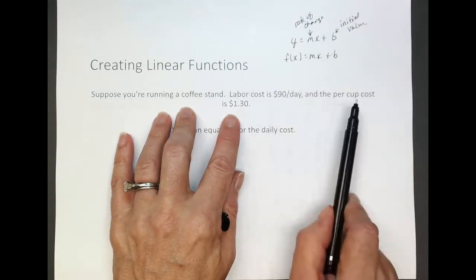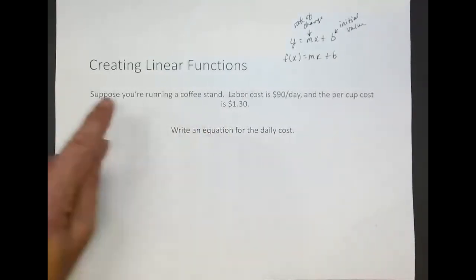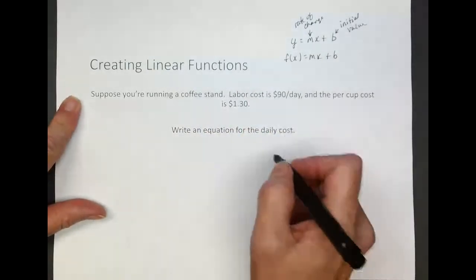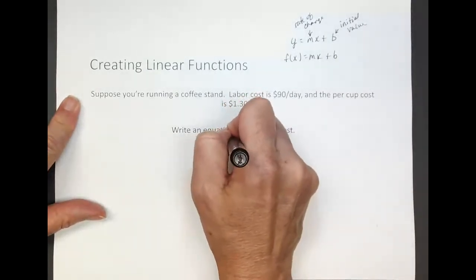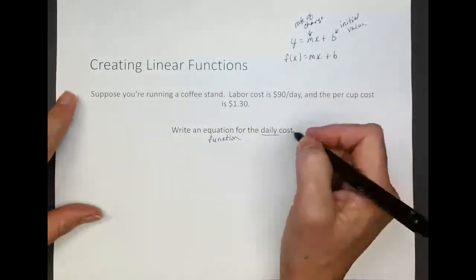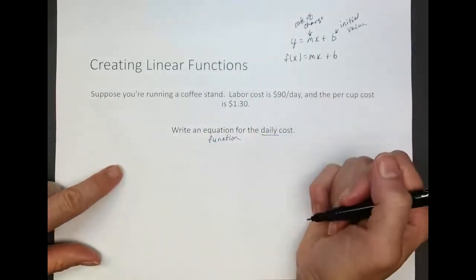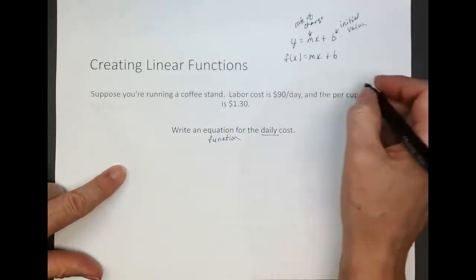So if we want to write an equation for the daily cost, we're writing a function for the daily cost. We might call that function C, for cost. So let's see.